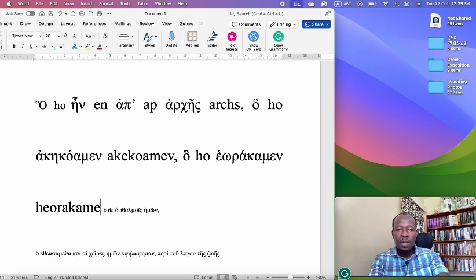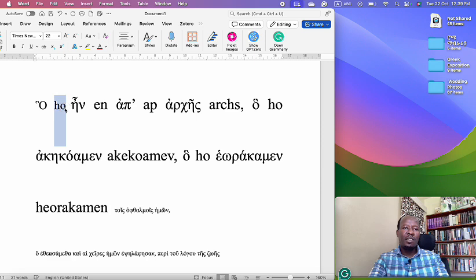Horakamen. So if I extract all the English words from here, this is what I have. Let me change the font color here. This is transliteration, it's not translation. See the transliteration.